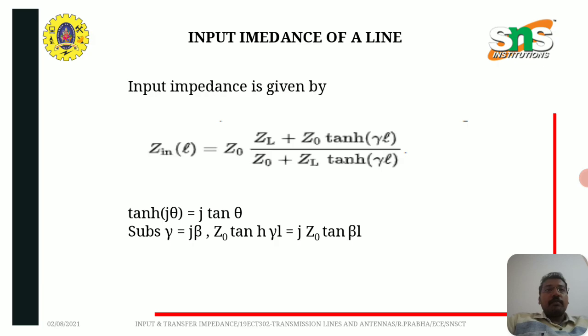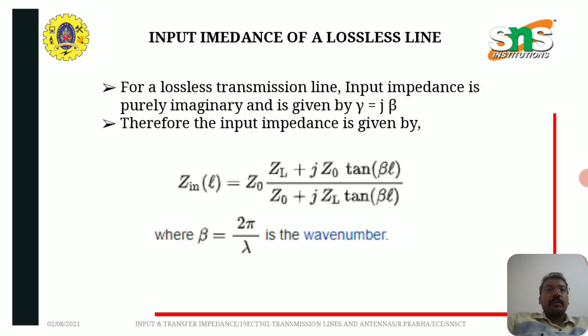Input impedance is given by Zin of L equal to Z0 into ZL plus Z0 tanh of gamma L, divided by Z0 plus ZL tanh of gamma L. Substitute tanh of j theta equal to j tan theta and gamma equal to j beta, so Z0 tanh gamma L equals j Z0 tan beta L. For a lossless transmission line, gamma equal to j beta.